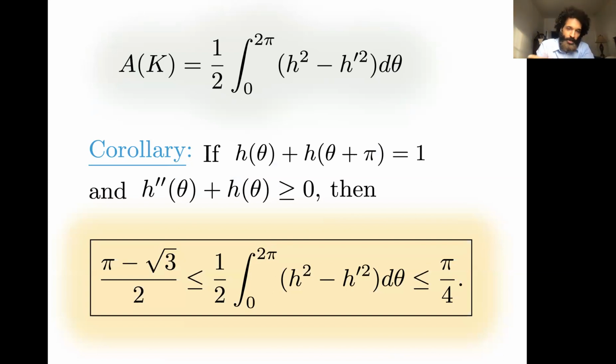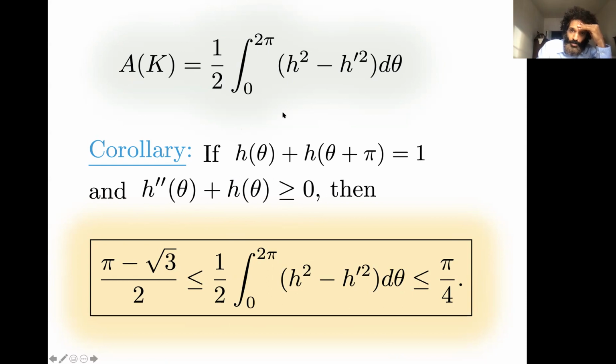A corollary to what we've been discussing, or its own individual theorem, could be stated as follows. I'm not going to give the details, but the statement is here. If I look at this area, this integral, I can just consider it a function of h, where h satisfies these two constraints: the basic constant width constraint, and then this convexity constraint, if you will.